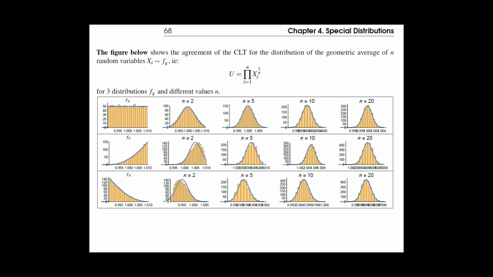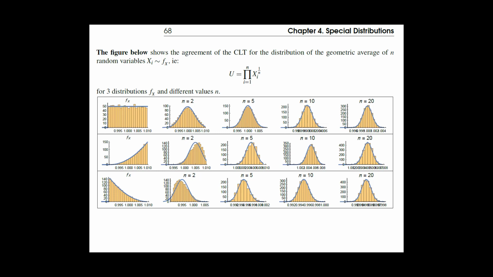And here, as before, we show how this approximation works in practice. So here we have the geometric average of the xi's. So it's the product, but all raised to the 1 over n power. Okay? So the first column shows you the distribution of each individual xi. So first is uniform, then this one, like reverse exponential, and then the exponential distribution.